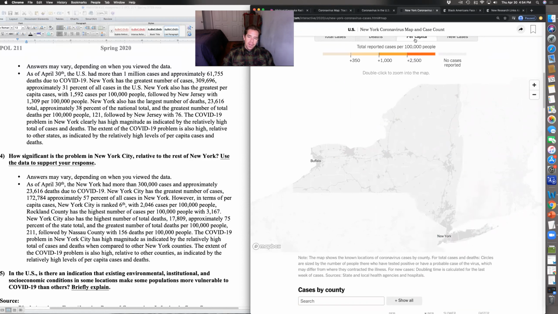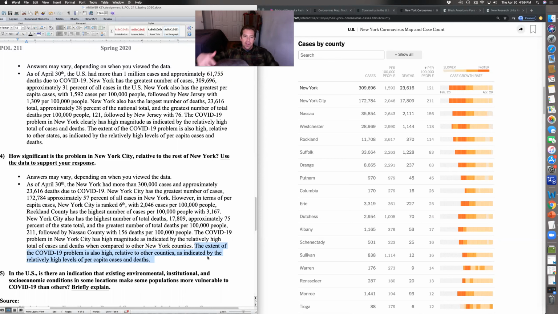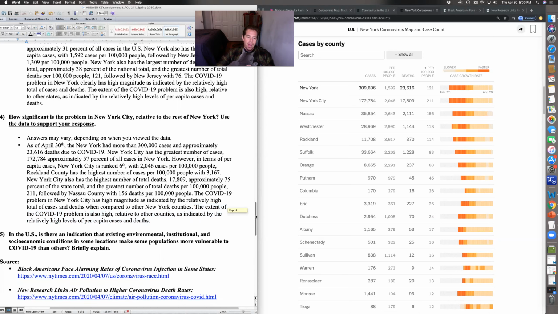If we look globally, the U.S. is among the top. Certainly, in the nation, New York State is among the top, and in terms of counties, New York City is right there. So we're at this epicenter of the pandemic, and that's the data to show you that.